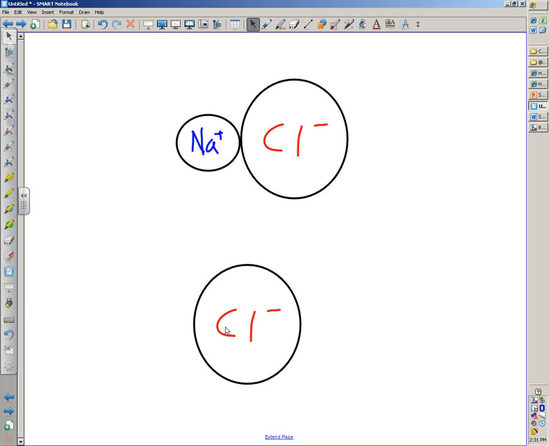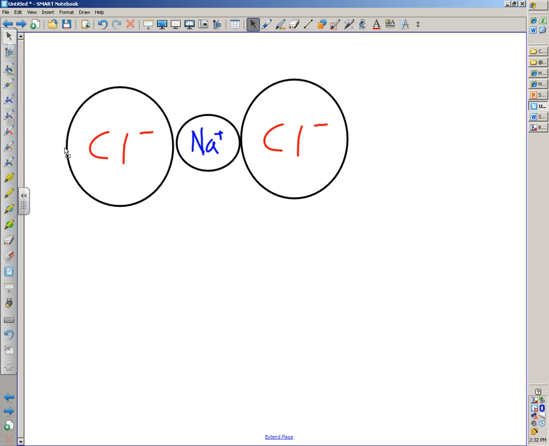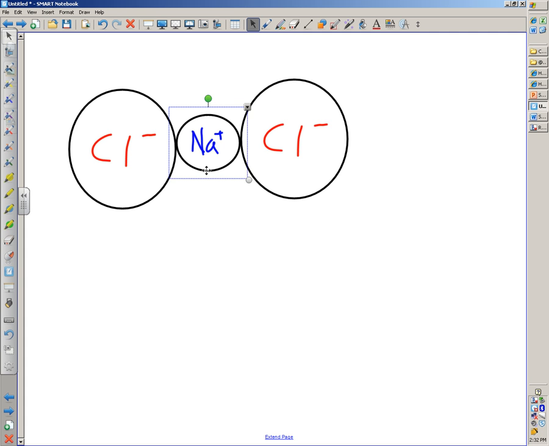Yeah. Even though it's already attracted to this negative chlorine, that doesn't mean it lost its positive charge. It's still positively charged, it's still attracted to negative things. So, this chlorine is going to line itself up kind of like this. Right? But does this chlorine come by itself? No. What was it already attached to? It's already attached to another sodium. So now it's going to line itself up kind of like this. Does that make sense? Okay?